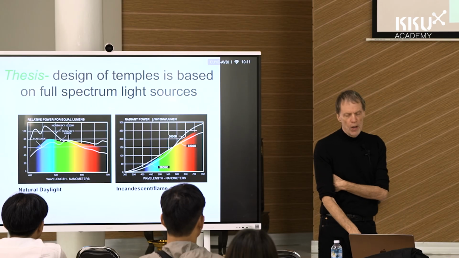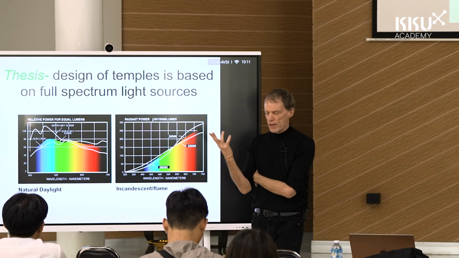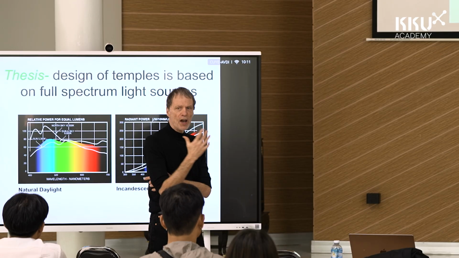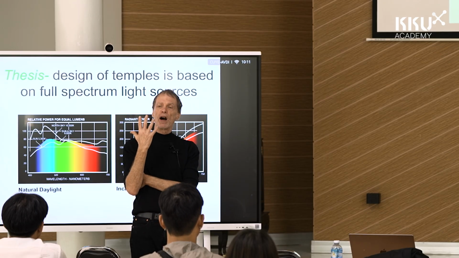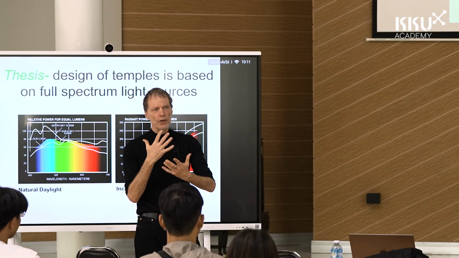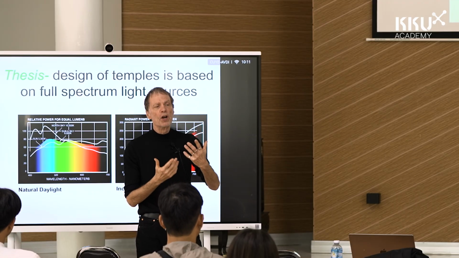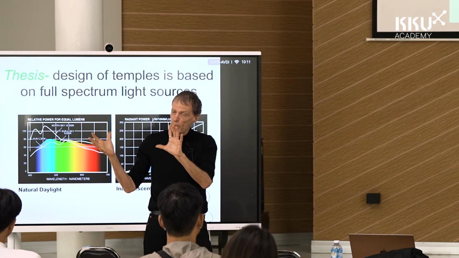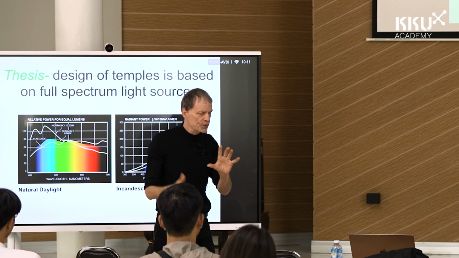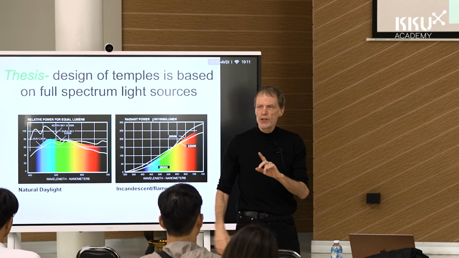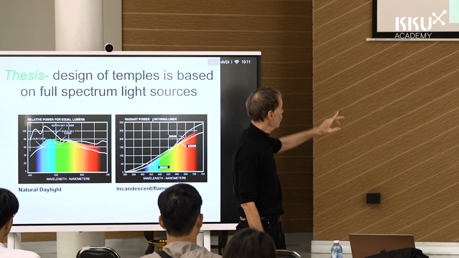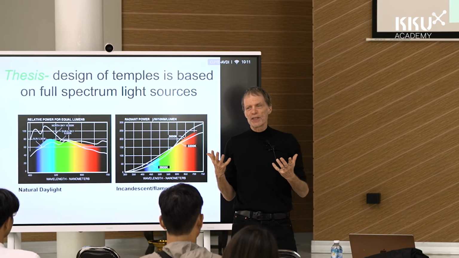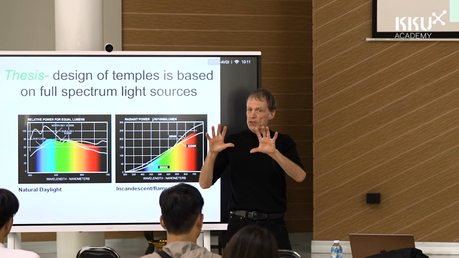So my thesis, and this is the thing that I've been experimenting on, is that the design of temples, you can say that the architect or the designer or the originator, whoever was the progenitor of temple design over many, many years, it was designed under 2 different spectra. One is daylight, broad spectrum, and then incandescent flame, which is also a broad spectrum.